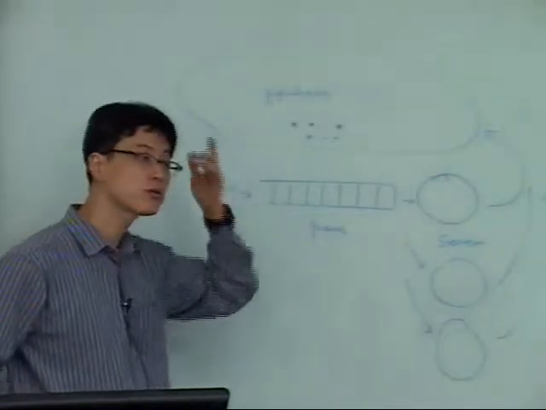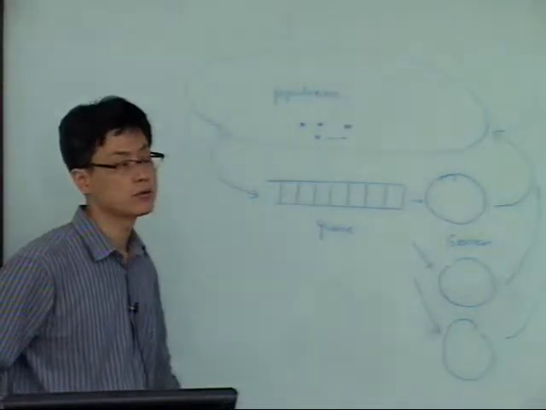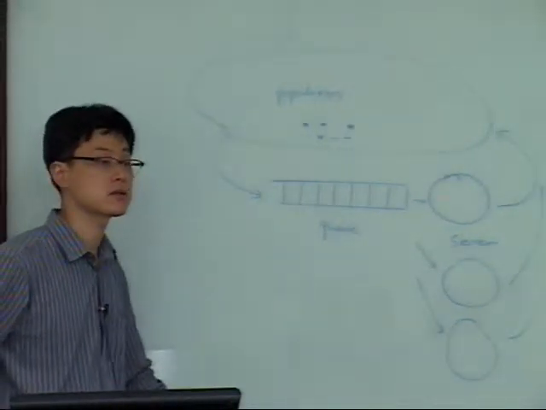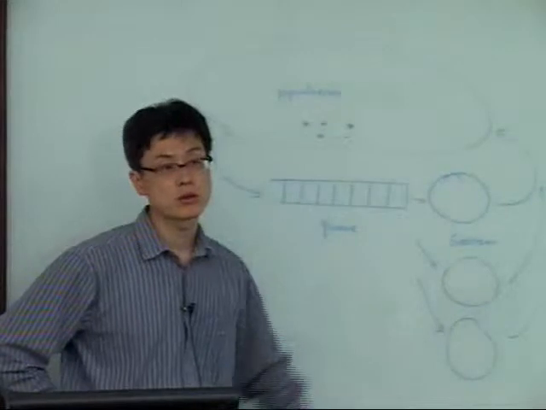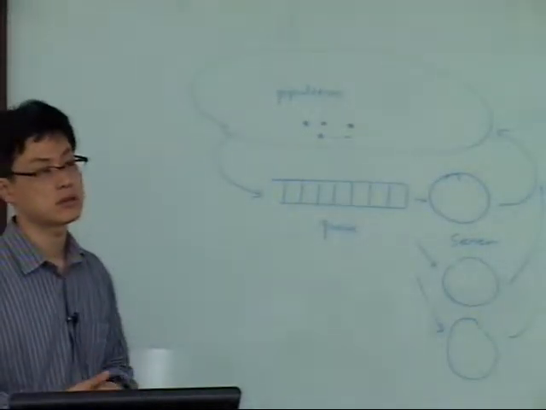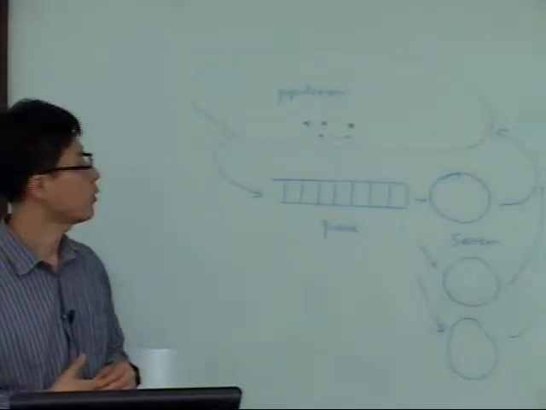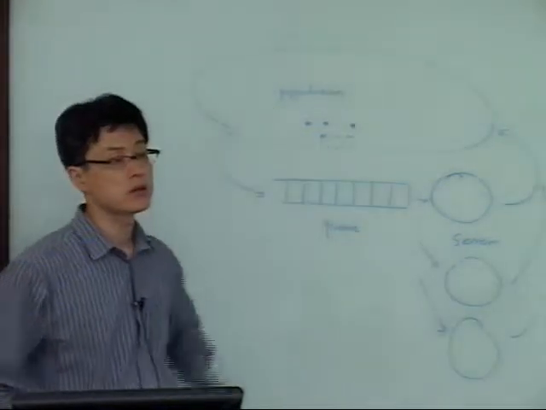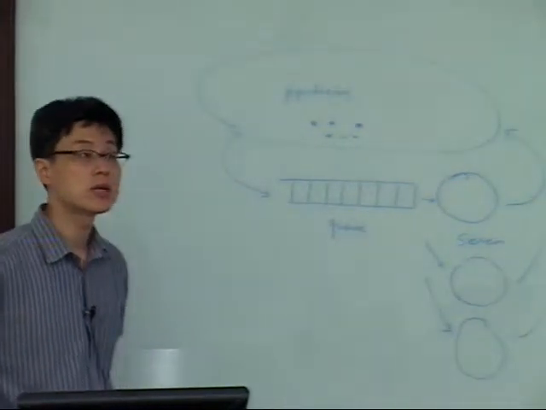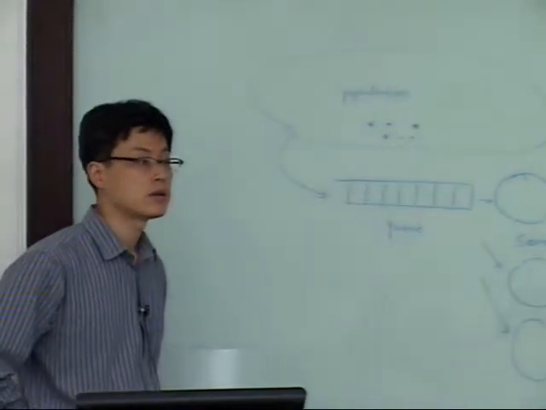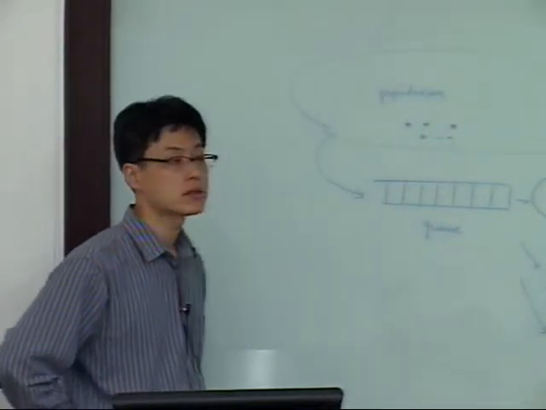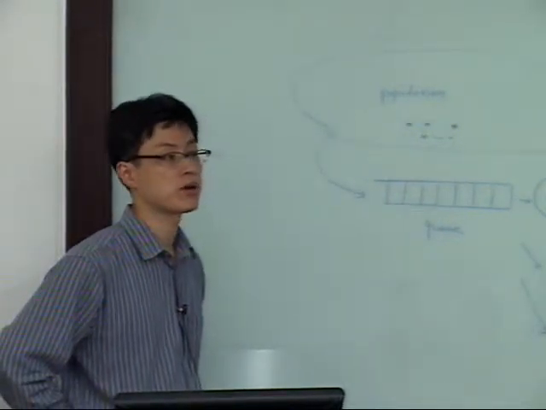Okay, but anyway, the queue could have a capacity, and the server usually has a service time. And usually the population could be limited, but the simplest one is an unlimited size of the population.